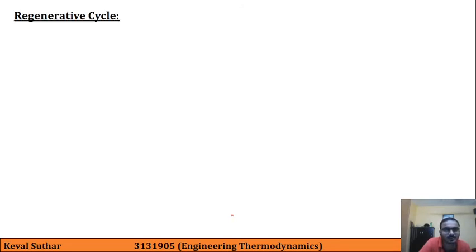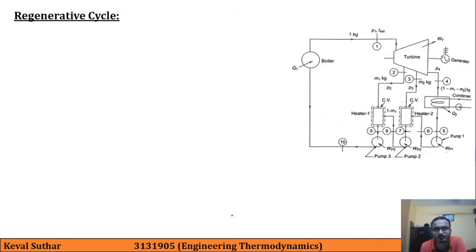Now our next theory, that is the second type of modification in Rankine cycle, is regenerative cycle. So this is the figure for regenerative cycle.